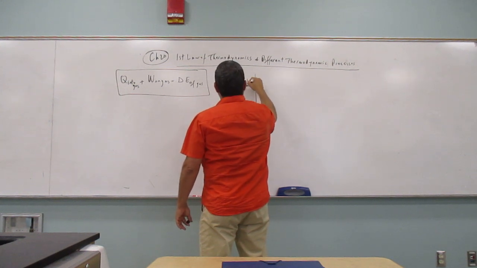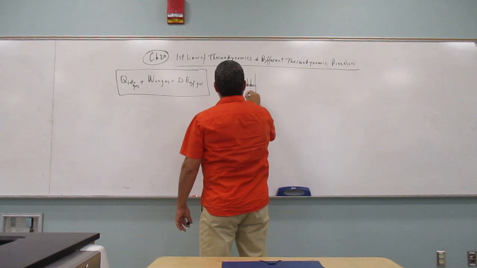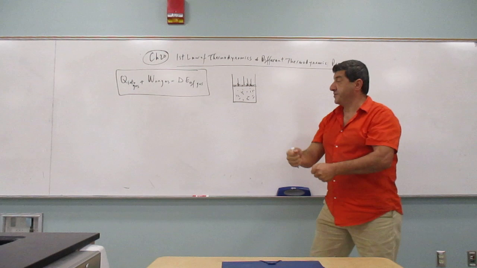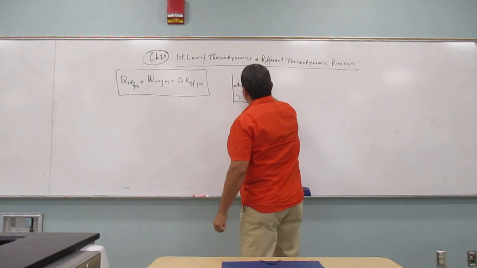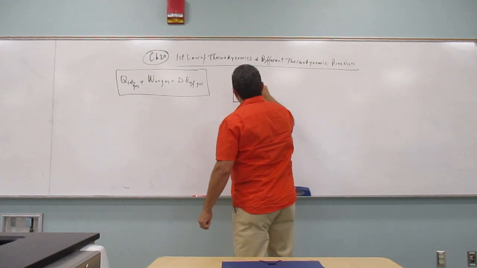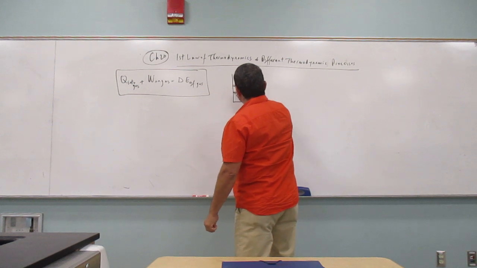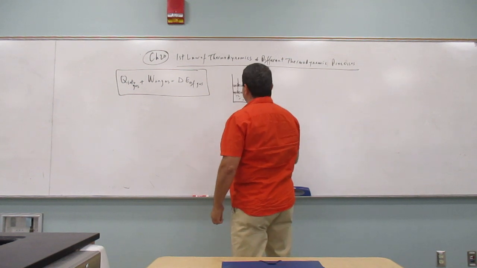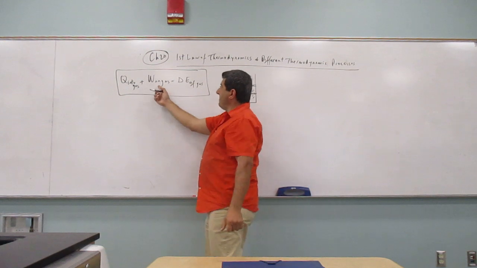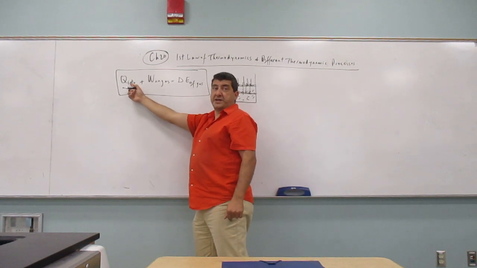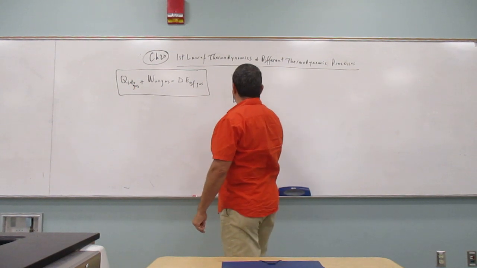and you can push down on the piston, and then there's some gas here. So when you're pressing down on the piston, you're doing work on the gas. Right? You're pressing down. So you're doing work on the gas. And if you're also pouring heat into the gas, so maybe there's a flame here.